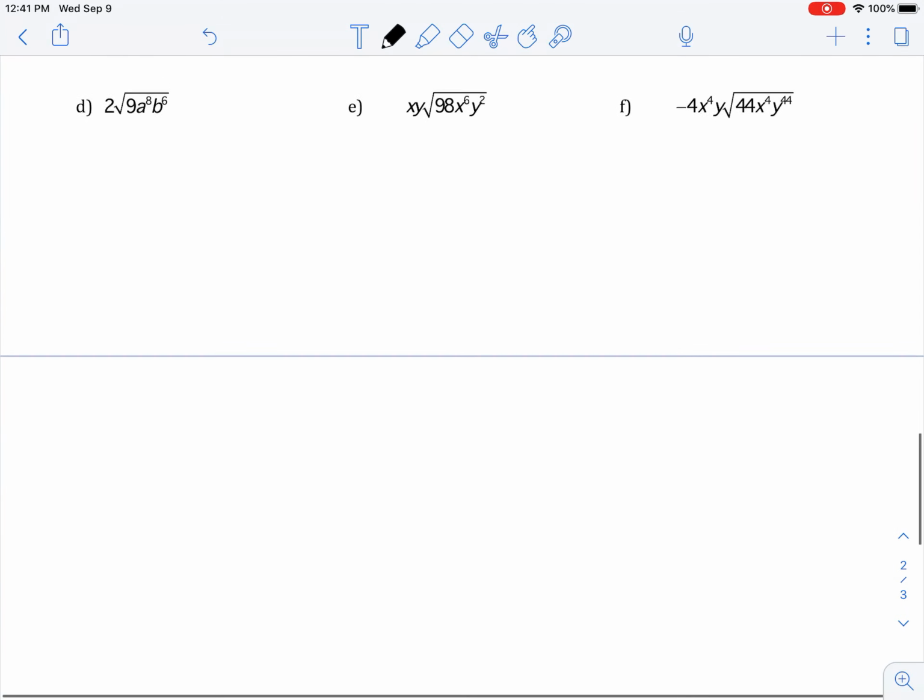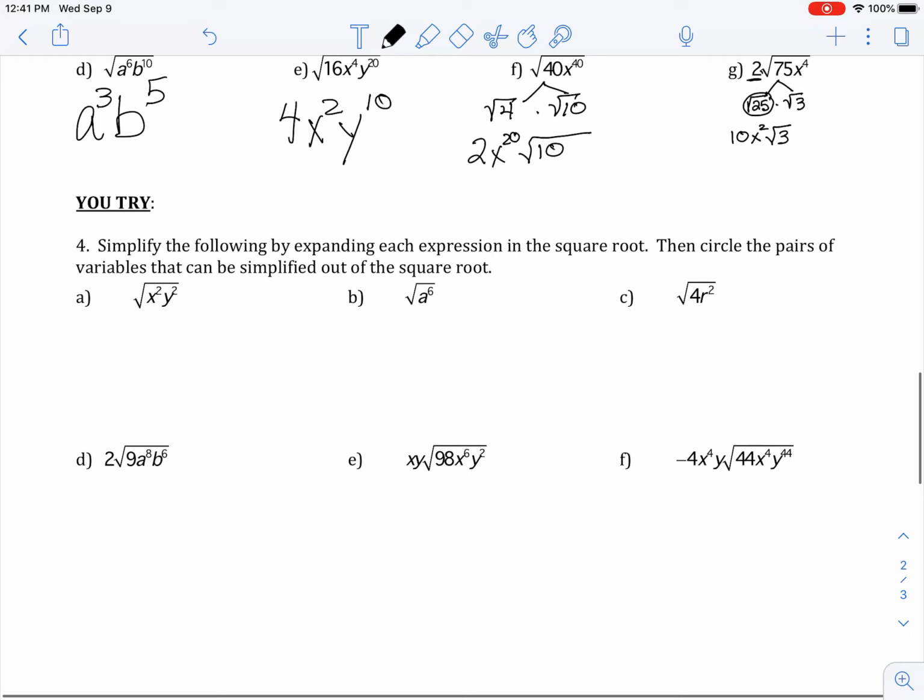All right, you try. For the you try, I'm going to let you do the first one again, and then you can put your answer in Edpuzzle. The square root of x squared y squared is xy. Now for the rest of these, you should pause, try them, and then you can check in again with me for the answer.